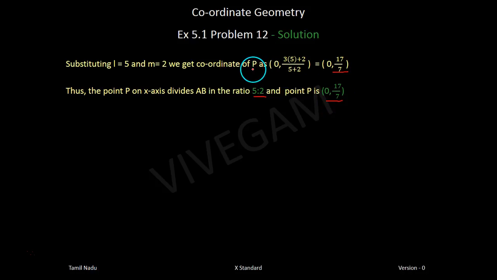We have been working on this P, to get the coordinates of P using the section formula. Halfway through we stopped and equated the x-coordinate to 0 and got the values of L and M. Once you have L and M, you come back to the same section formula, substitute the values of L and M and get the y-coordinate. Once you get the y-coordinate, you put both the coordinates of P. That's all we are doing here.